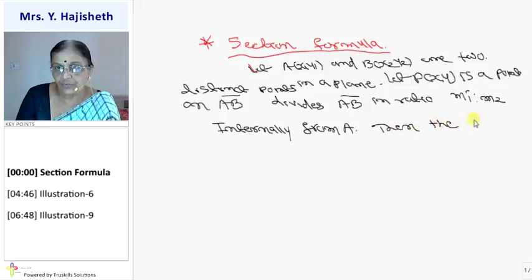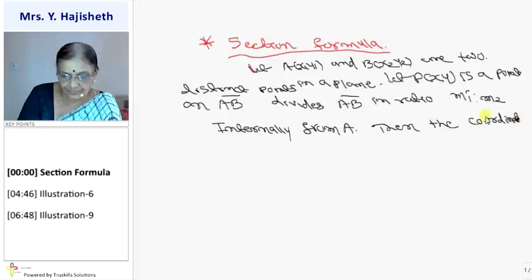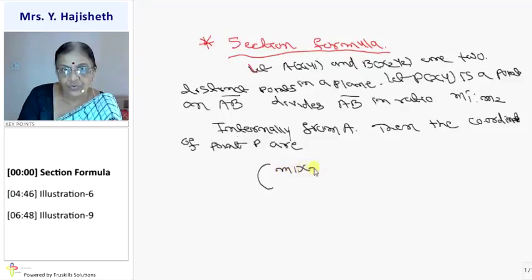The coordinates of point P are given by the formula (m1x2 plus m2x1) upon (m plus n).